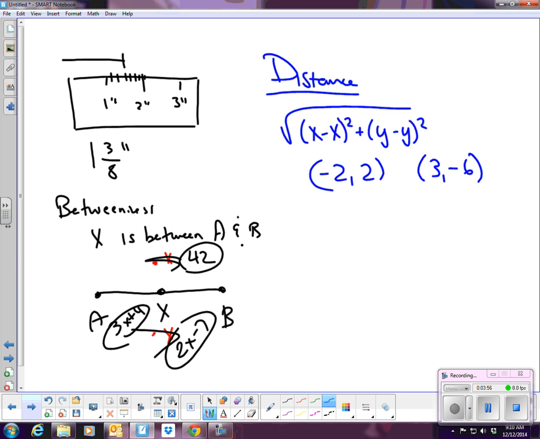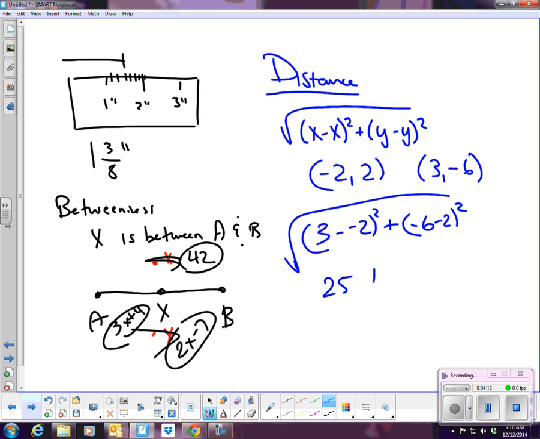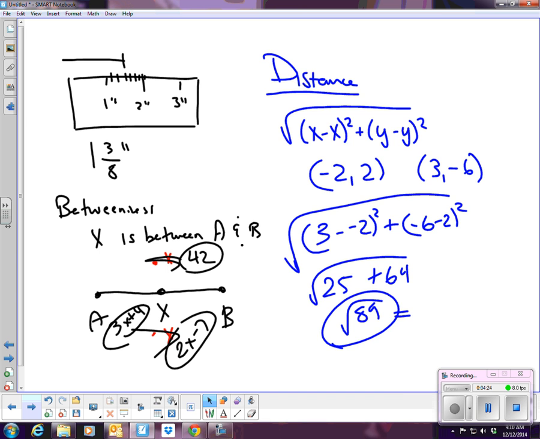It'll be the square root of 3 minus -2 squared plus -6 minus 2 squared. That's 25, plus positive 64, so together that's 89. So that would be my distance. You can give me the decimal, I don't care. If you left it as square root of 89, that would be fine too.